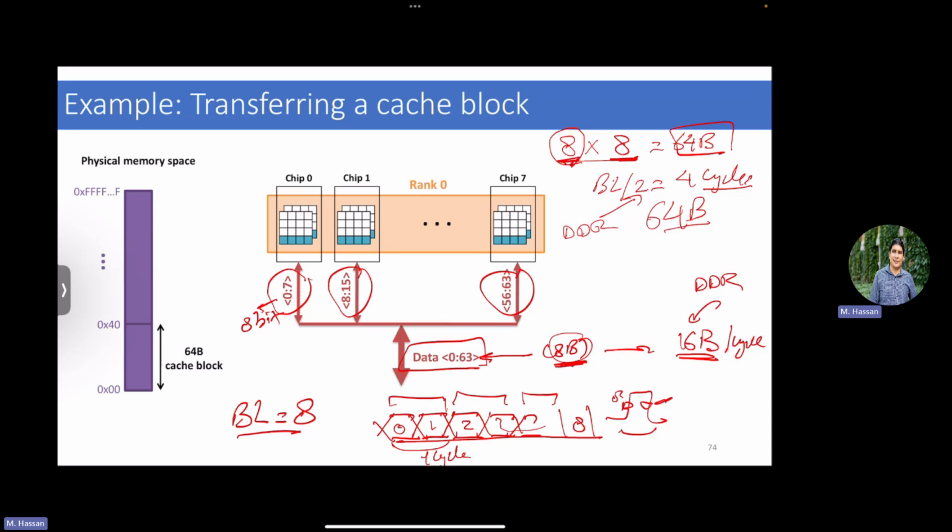How do I control this? Well, you select this number of chips in parallel. So instead of having 8, if I have 4, this gives me a 32-bit interface instead of 64. If I have 2, 8 and 8, this gives me a 16-bit interface instead of 32, right? So I control how many chips I have in parallel to give fewer bits of data. Good.